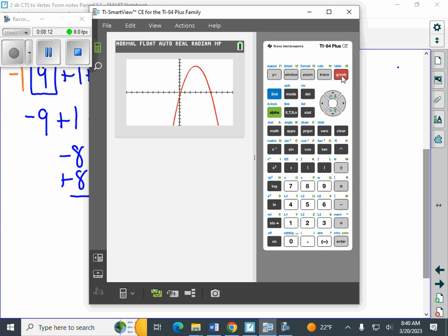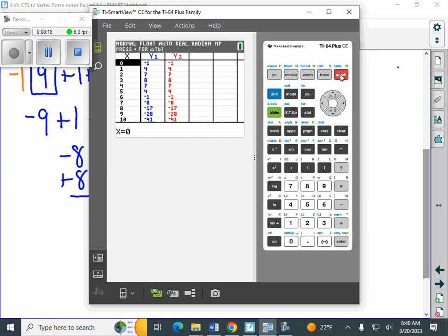If your calculator is slow, like my personal calculator is, go to the table, second and graph, and look at your Y1 column, which on my screen happens to be blue, and your Y2 column, which on my screen happens to be red, and they need to be the exact same numbers. And if they are, we know that we've gotten the problem correct already.